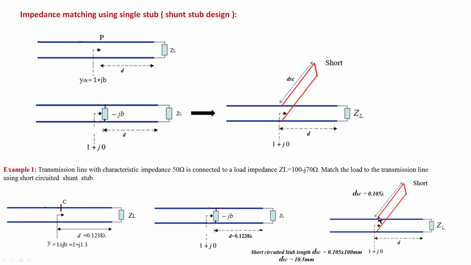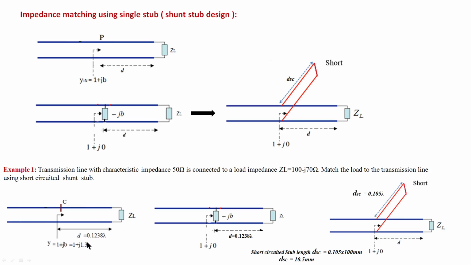So it delivers maximum power to this network. Assuming it is lossless, we can get maximum power transfer. Like that we can get impedance matching. This is called single stub matching. This distance is very important: at what distance you should connect the stub, because at that position there is some susceptance value to cancel.